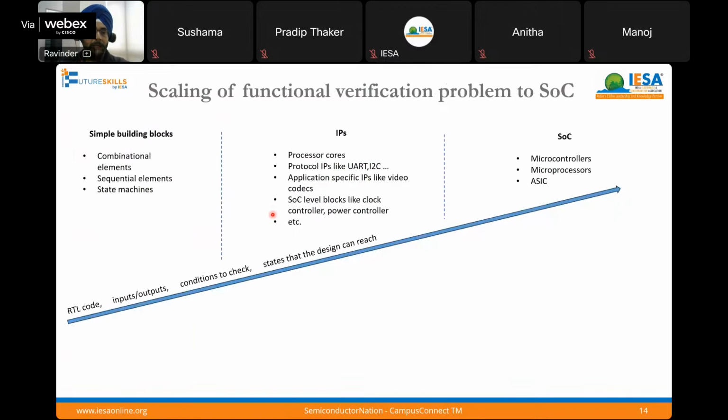Moving forward, we saw a very simple example, 2 inputs, 1 output. Real world SoCs have millions of such components, not just thousands or lakhs, millions.